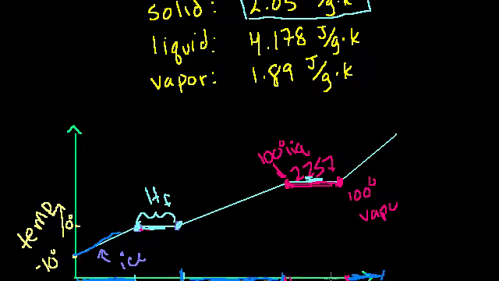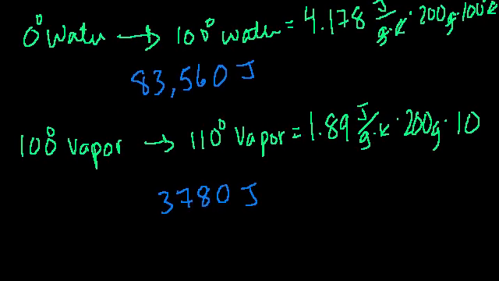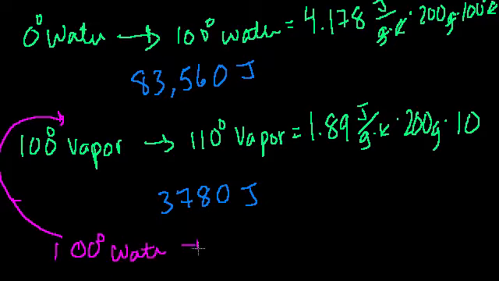I forgot to figure out how much energy to turn that 100-degree water into 100-degree vapor. So that's key. I really should have done that up here, before I calculated the vapor, but I'll do it down here.